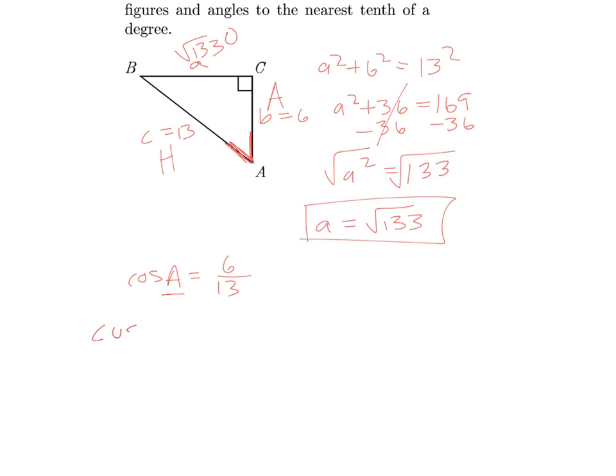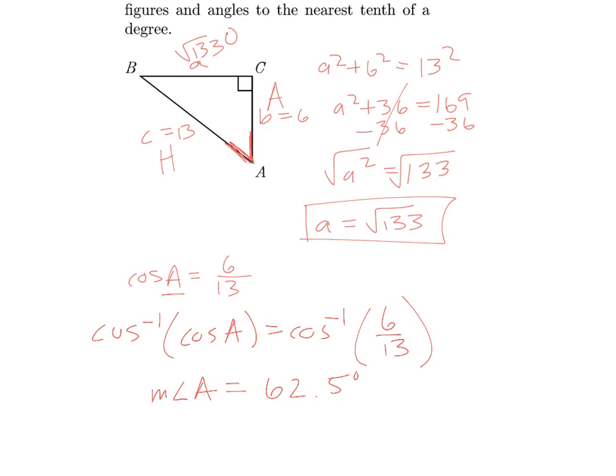You use the inverse trig ratio. So inverse cosine. So measurement of angle A is equal to 62.5 degrees.